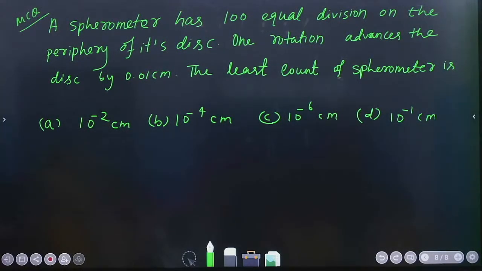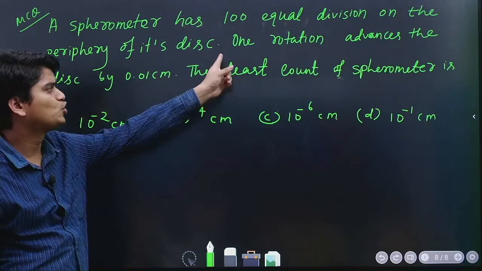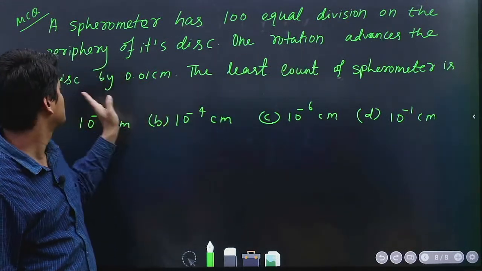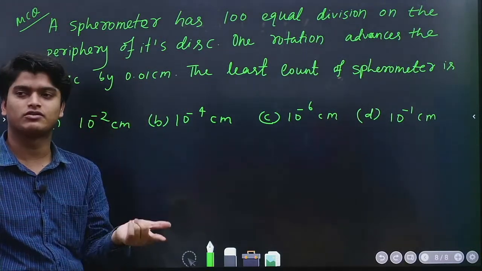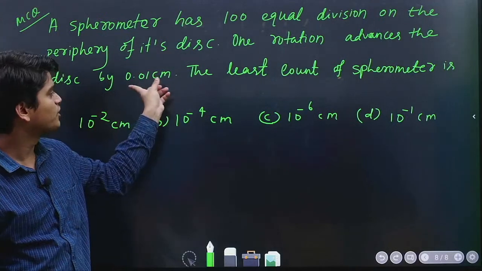So here the pitch is given. You no need to struggle because the pitch is already given. Suppose it had said 2 rotations advance the disk by 0.01 centimeter, then for one rotation you should have calculated, that means 0.01 by 2.